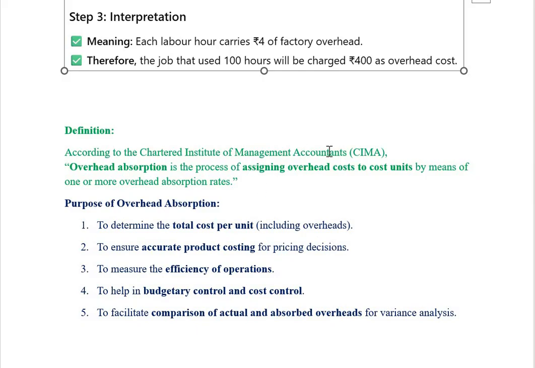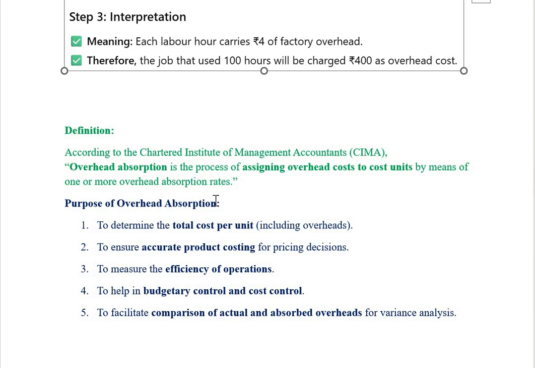That is, assigning the overhead cost to the cost unit by means of one or more overhead absorption rates. So we calculate the absorption rate, specified for the material, for the wages, for the factory overhead, or for the prime cost. According to what is expected, we calculate the overhead rate.